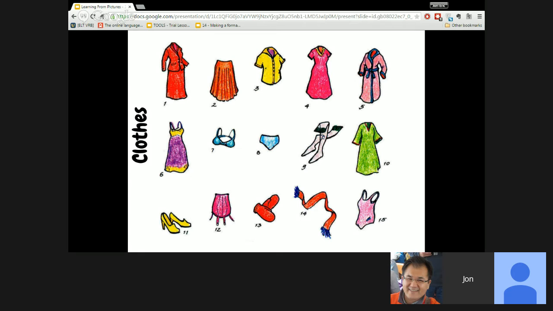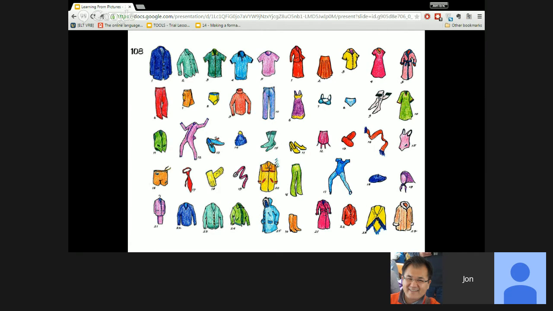Let's do a quick example for you. Let's say I was going to describe raincoat. That's the one I wanted you to guess. It's number 20. I could say, well, you wear this item of clothing in the rain. That's an obvious thing.